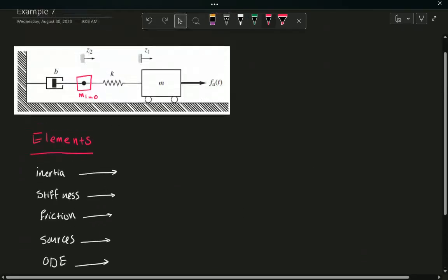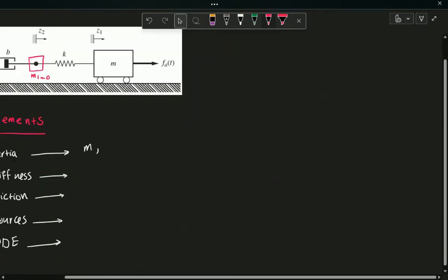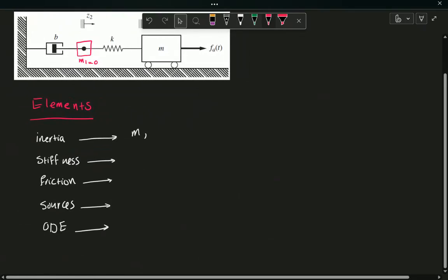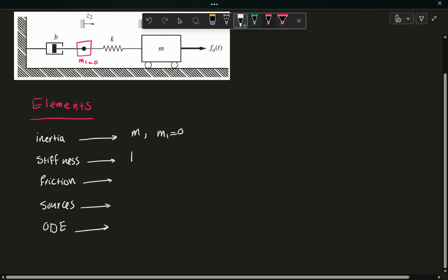If you look at the system, I have only one inertia element, M, but I added a massless node, which is M1 equal to 0. Yes, this is my massless node. I'm going to treat it as an inertia element. The next one is a stiffness; I have a spring here. And for the friction, I would assume that there is a viscous friction model here.